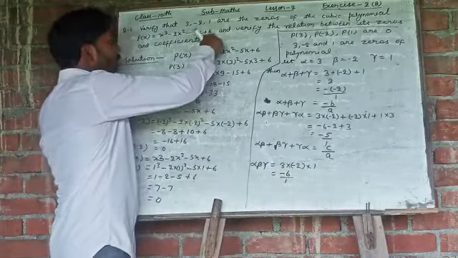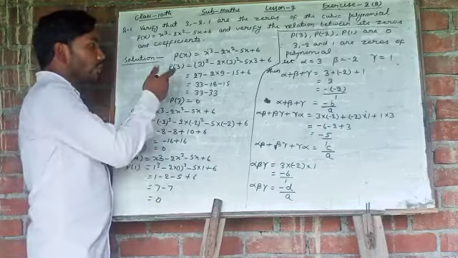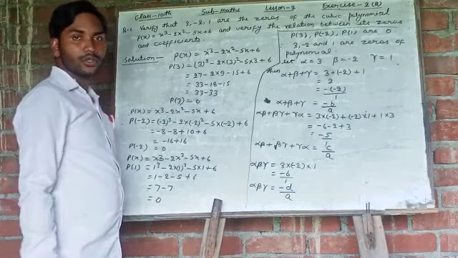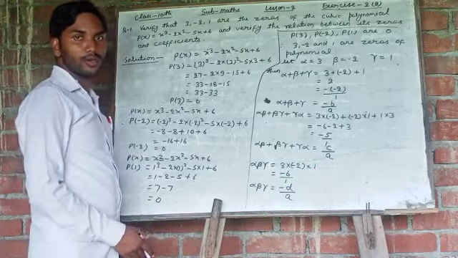So we know that alpha beta gamma = -d/a. So these are the relationships between the zeros and coefficients of the cubic polynomial, which I have already discussed in our previous video. This way you can verify the relationship, and you can also verify whether the given values are the zeros of the polynomial or not.